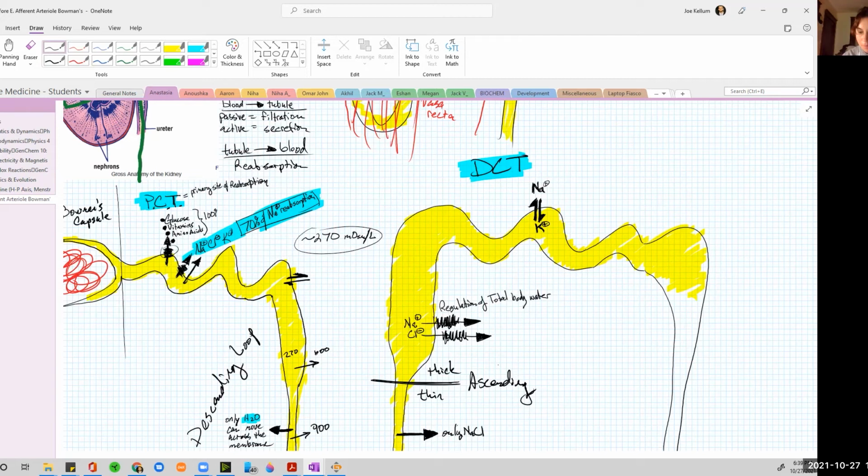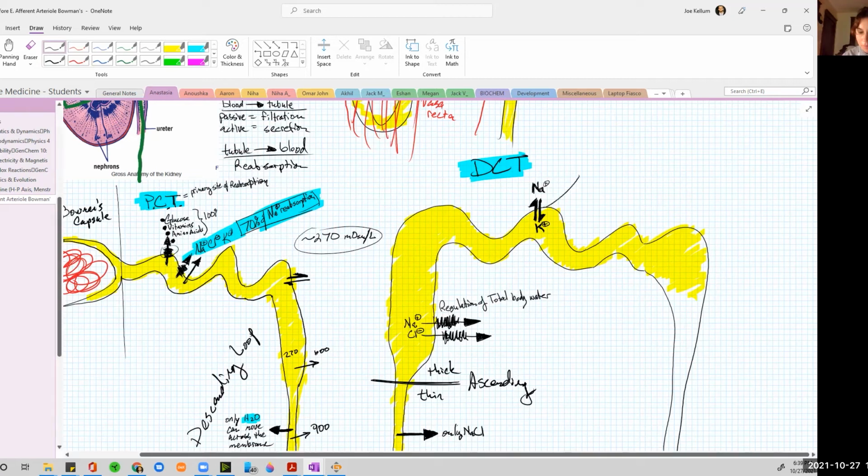So what aldosterone does here is aldosterone promotes insertion of these channels into the membrane. Just like, remember I was talking about what insulin does for the glucose channels? Aldosterone does that with these sodium potassium exchangers. It activates the sodium potassium exchangers.